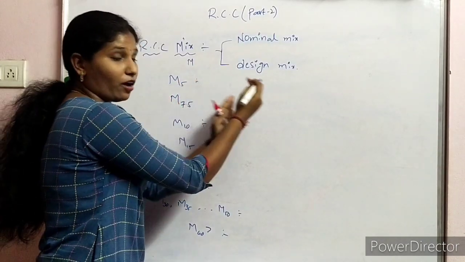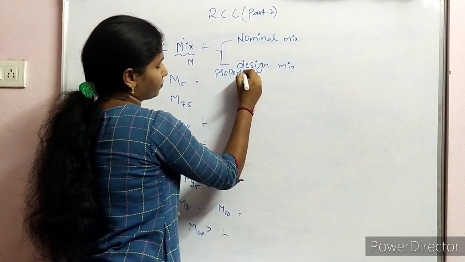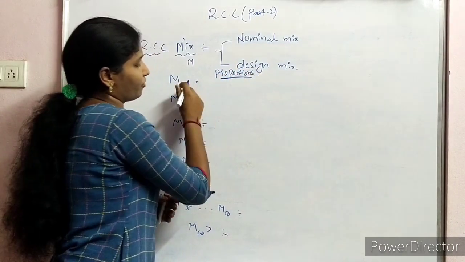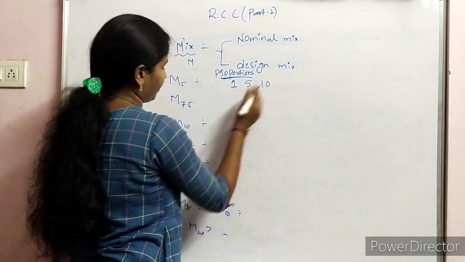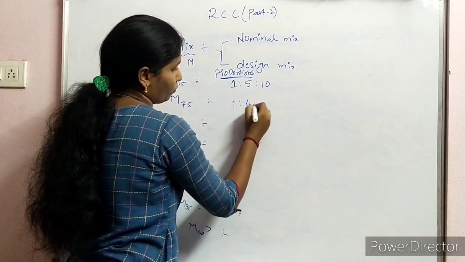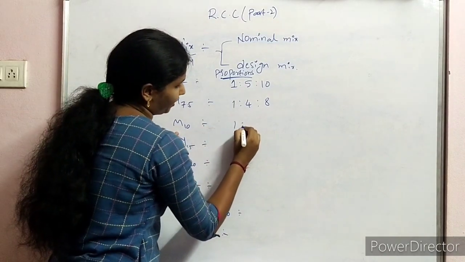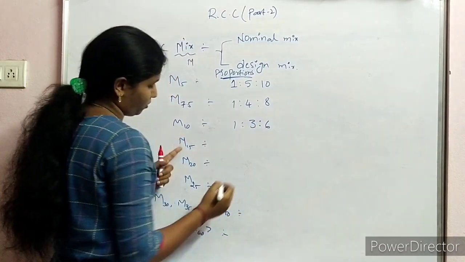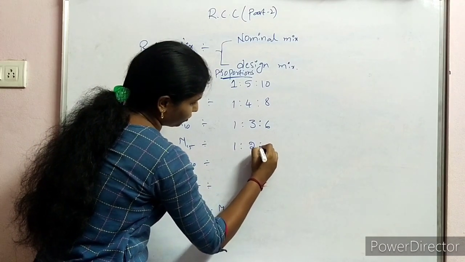For these mixes we have to know the proportions given by the IS standard books. For M5 the proportion is 1:5:10. For M7.5 the proportion is 1:4:8. For M10 the proportion is 1:3:6. For M15 the proportion is 1:2:4.